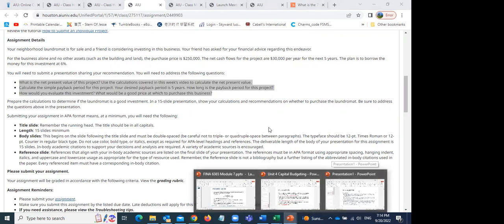This presentation is different from a Word paper from the previous project, where you write a lot. This one, you don't have to write a lot.